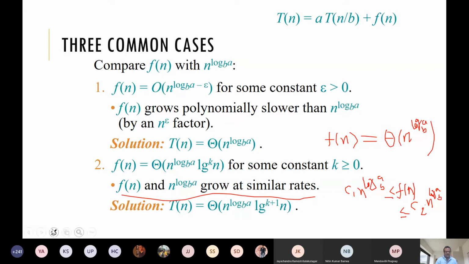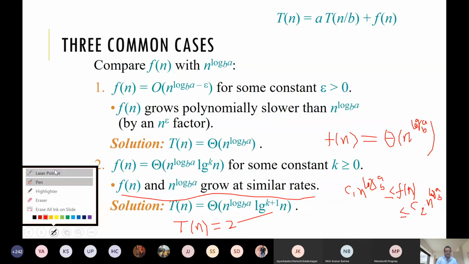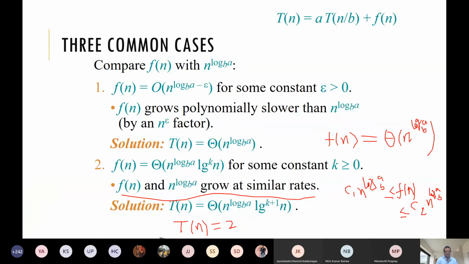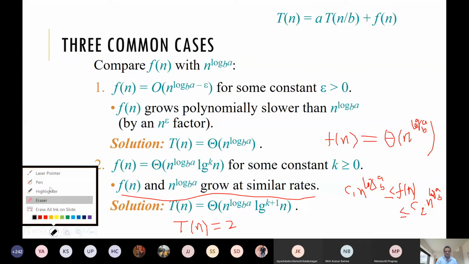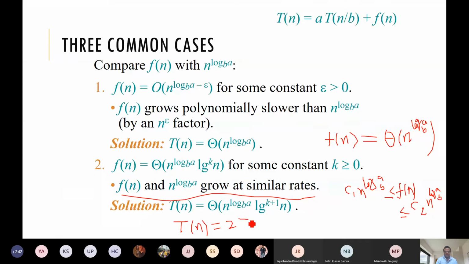Like for merge sort, if you recall the time complexity recurrence of merge sort is T(n) equal to 2T(n/2) plus n, or you can say theta of n.